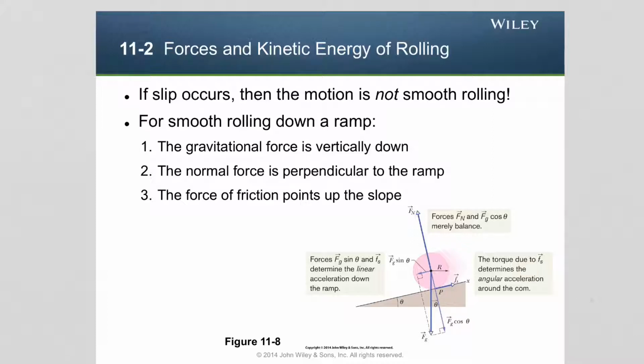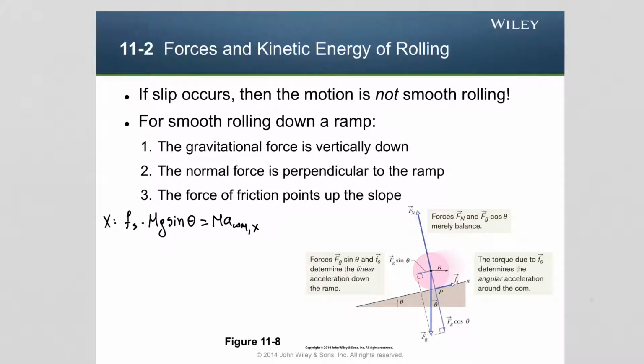So let's write the equation for the net force in the x direction. The second law for the linear part of the motion states that the static force of friction minus the x component of the weight of the sphere is equal to the mass of the sphere times the acceleration of the center of mass of the sphere.